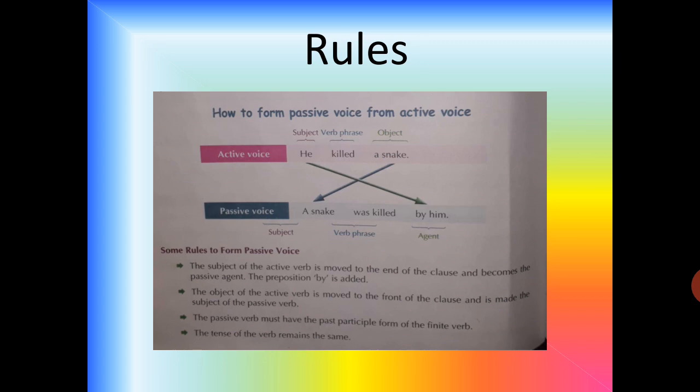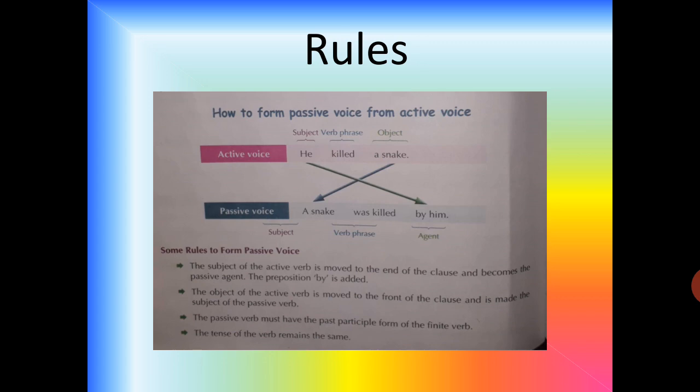Whenever we change the sentence from active to passive voice, the first important thing to keep in mind is you have to change the subject and object. The subject becomes the object and the object becomes the subject. Second, whatever the tense of the sentence, the verb will come in the third form. Yes, the past participle form of the finite verb will come.